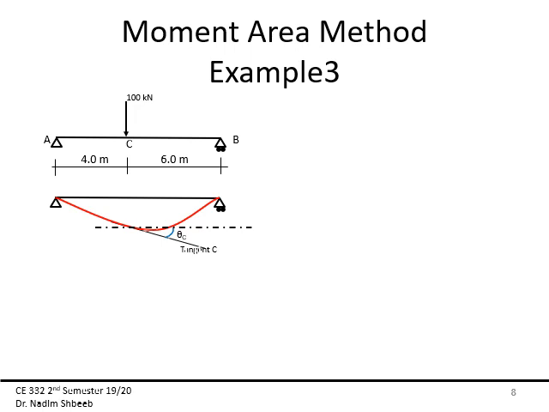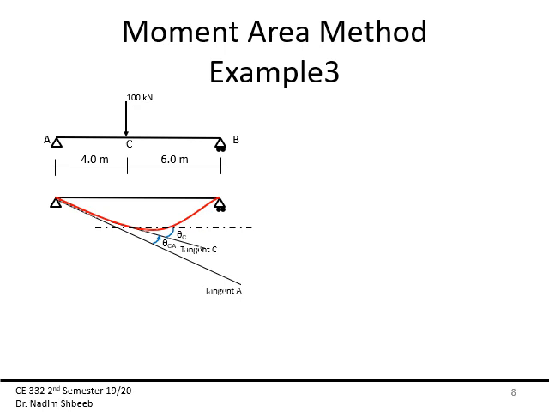I could take the tangent at B, and I could take the tangent at A, but to me it looks more appropriate to take the tangent at A for this particular case, and then determine the angle theta CA, which is the angle of rotation at point C measured from the tangent at A. So what do you notice here?